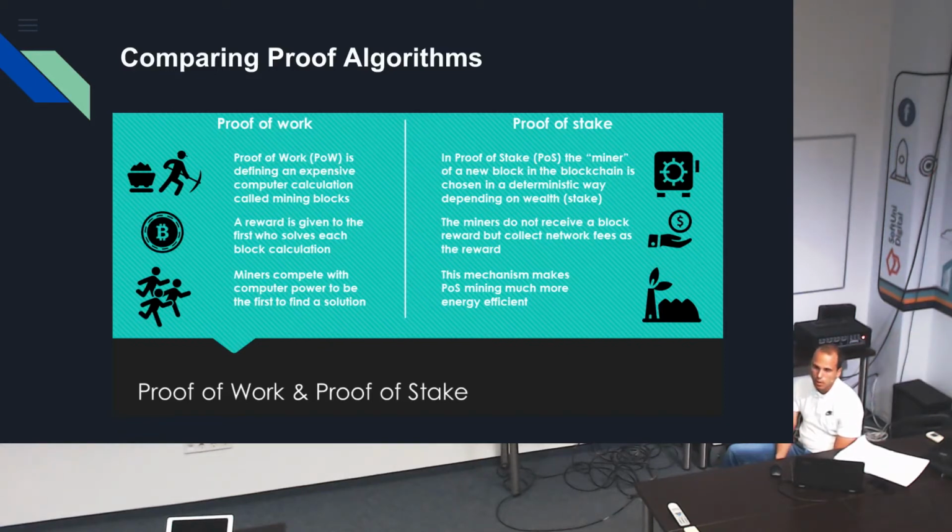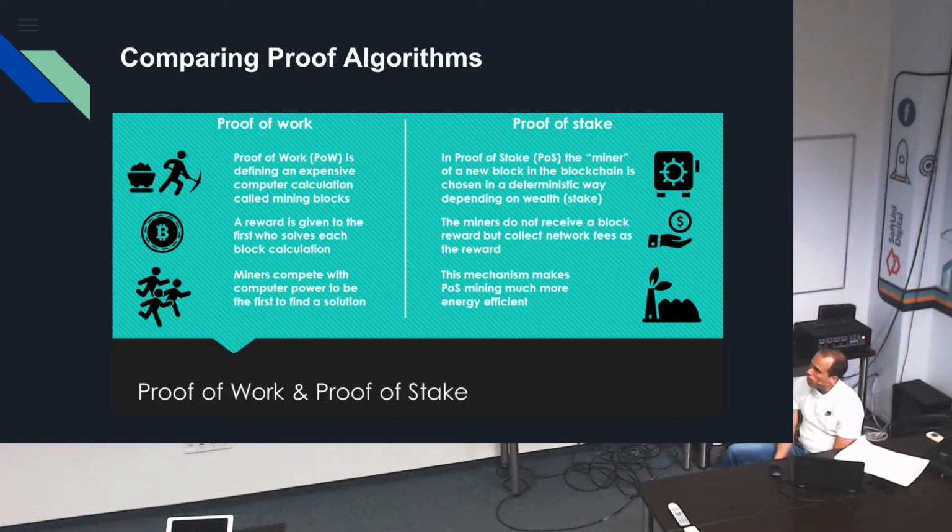The fastest miner who actually solves the cryptographic puzzle is going to take the award. Currently we said that it's 12.5 bitcoins, and he might take the transaction fees as well. So we have two types of rewards, but we are going to see them in the next slide.